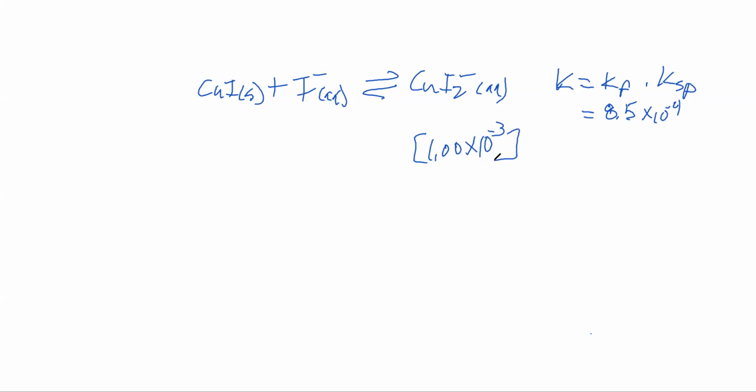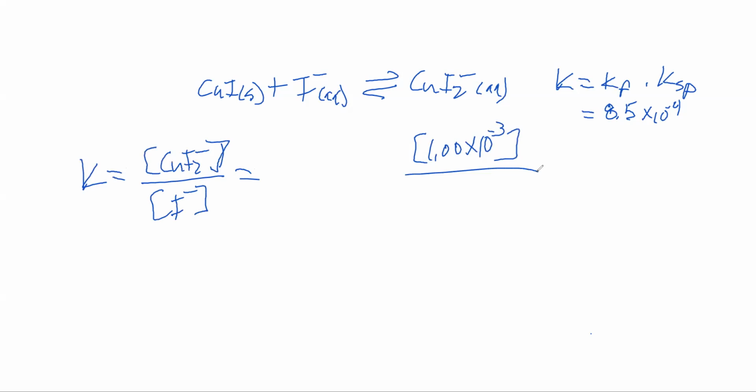And we can look at this expression and find that our K should be our CuI2 minus over our iodide squared. And so we're looking for our I minus here, how much of that we need.